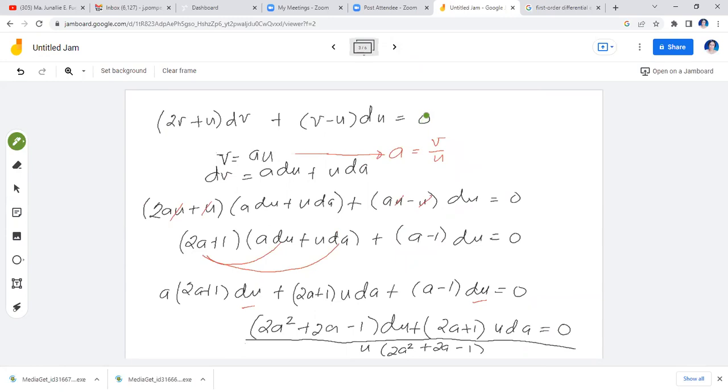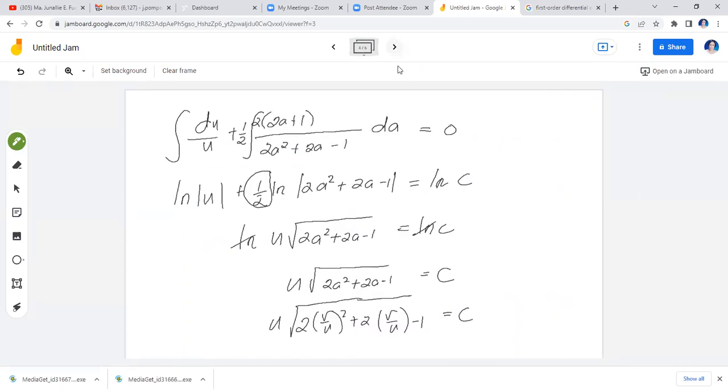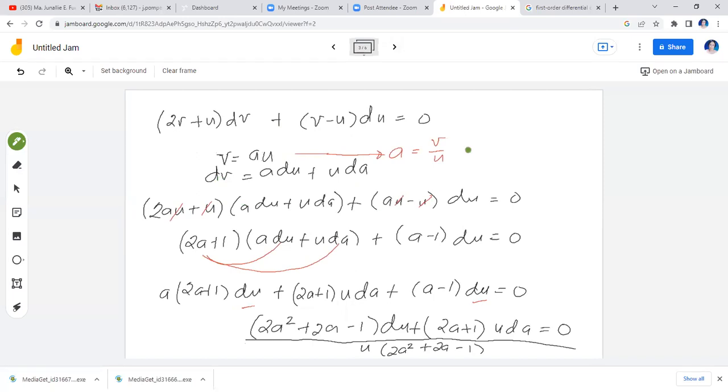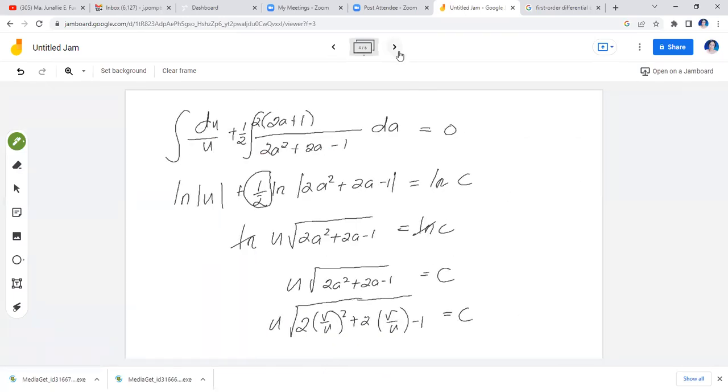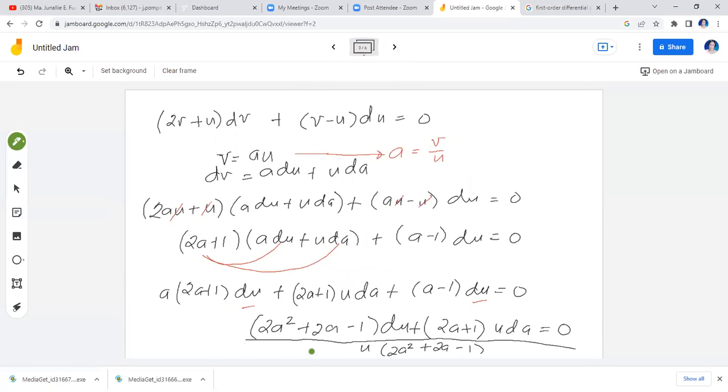This is the homogeneous DE, and everybody knows that if it is a homogeneous DE, the process is really long in converting it to separable. So from homogeneous, we converted it to separable DE. In this case, now it's separable DE. We have separated, actually your separable DE is in here.